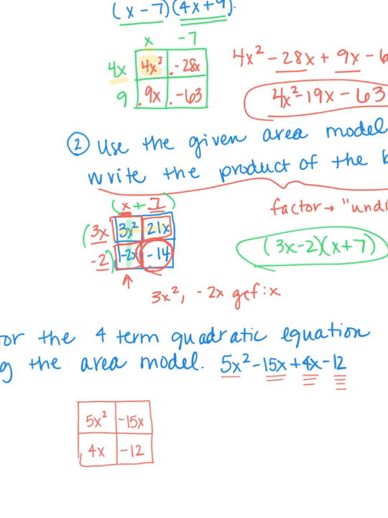Okay. And then we're going to do exactly what we did. So for each row and column, like in number 2, we are looking for a GCF. It doesn't really matter where you start. Okay, so if I look at 5x squared and negative 15x, the GCF for that row is 5x. I can take a 5 and an x out of both of those.